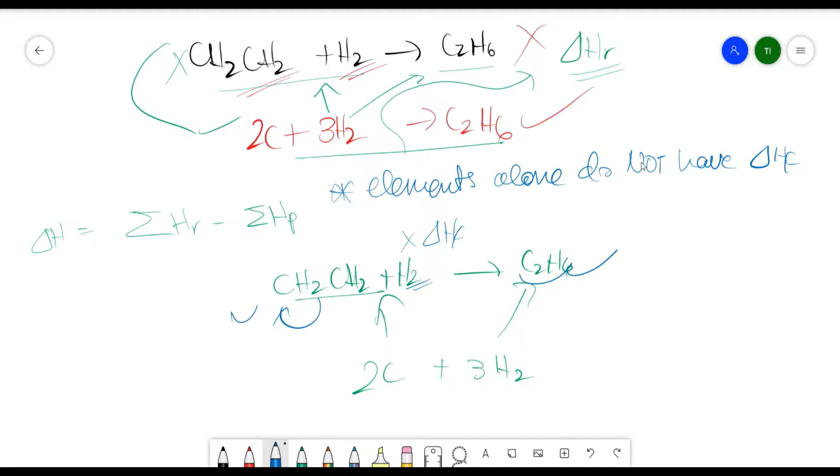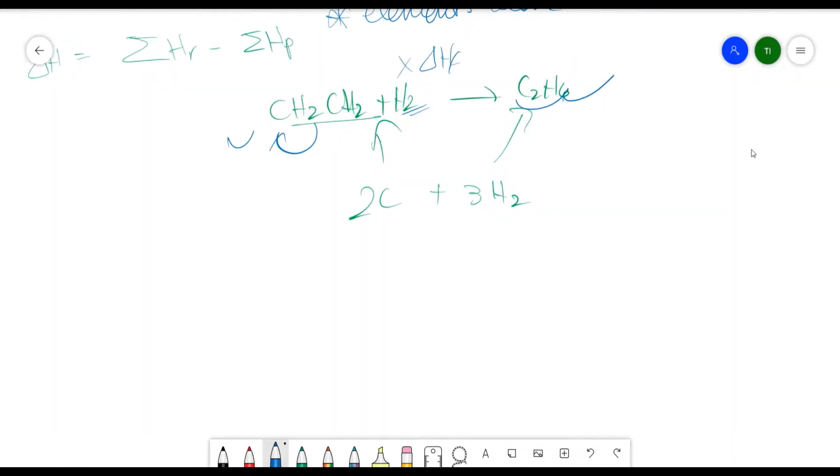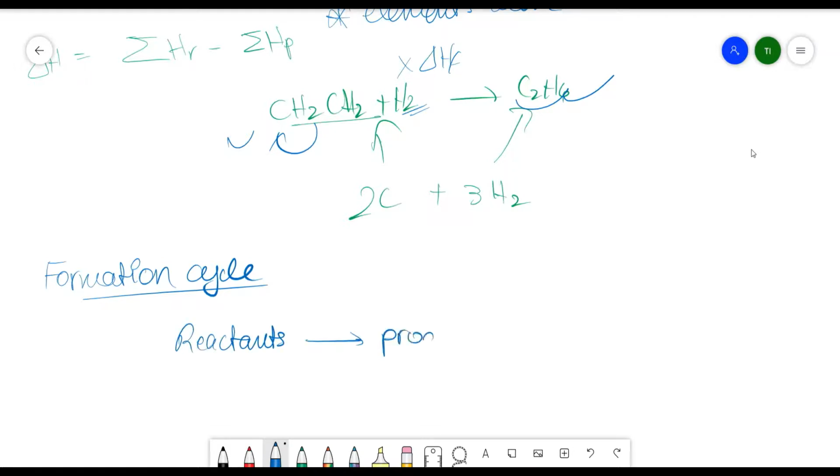So normally, this is how I write it. I prefer writing it this way. You don't have to necessarily follow it. In case I was doing something in a very general format, I would say that the formation cycle follows this trend. Reactants of a particular reaction lead to the products, right? And the elements in their standard states lead to this, and this finally leads to this.